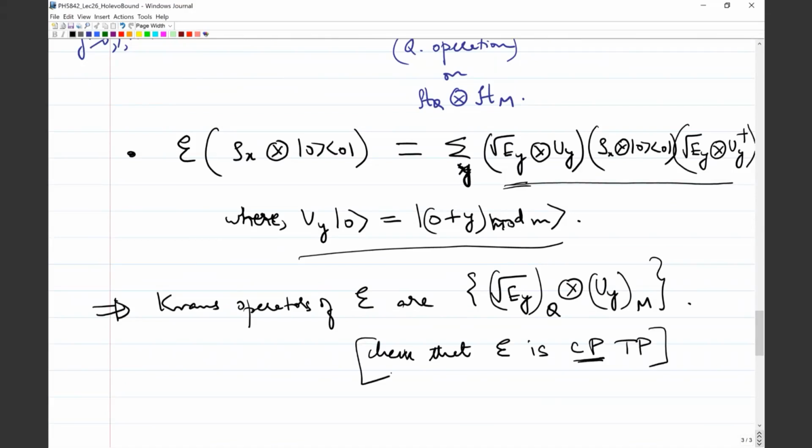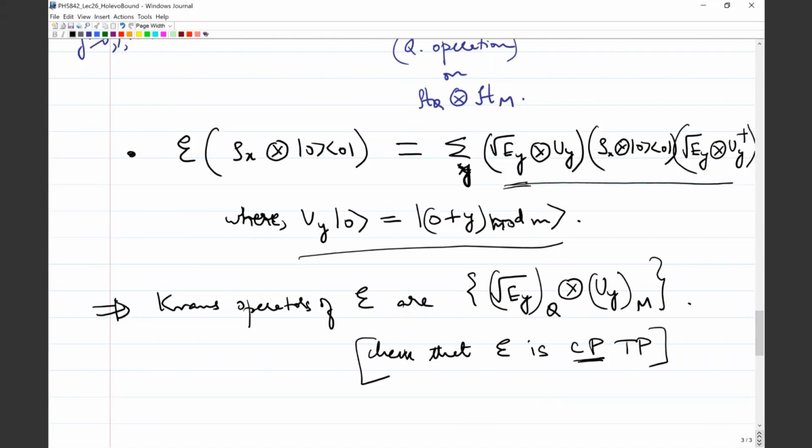Okay. So in a way, I like this proof because it ties in things which we have done earlier, right? It helps you understand how you can do a POVM as a quantum operation on a larger system, including a measurement apparatus.